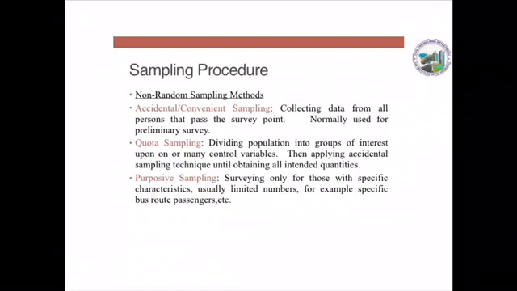And at last, we have purposive sampling. Purposive sampling is done to get information about specific characteristics, and only for a limited number. For example, passengers of a specific bus route. Maybe I want to improve the network in the west of Cord Road.